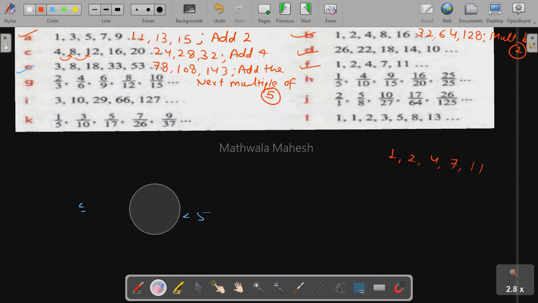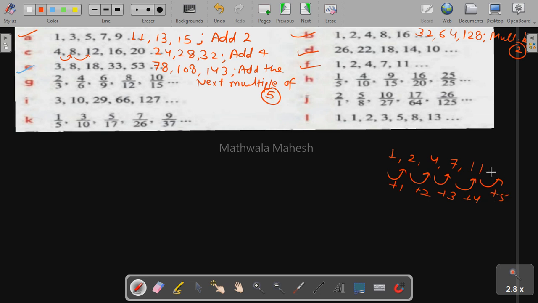First I will erase this one. Check the gap. We add +1. In the next one we add +2. Next one we add +3. Add +4. So the next term is add +5, which is 16. Now add 6 to 16. If we add 6, we get 22. The next term is 22.